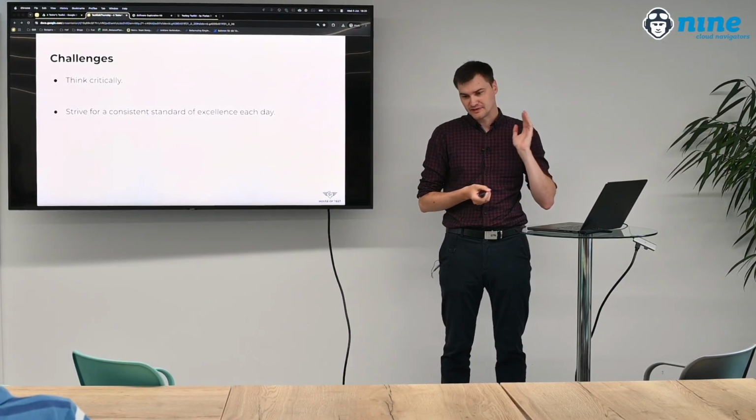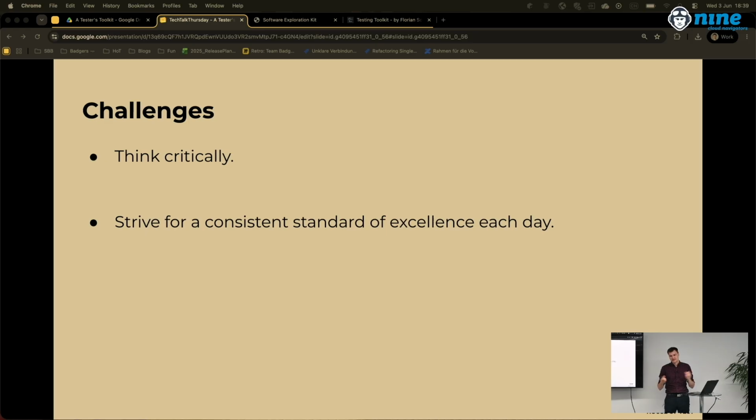Also, like thinking critically, as engineers, we love to build stuff. We love to be proud of what we do, but sometimes it's hard to get another perspective, the perspective of someone who thinks more critically about what we build and how it will be perceived by users, or how it can be operated by operations, or how it can be maintained and understood by other people.